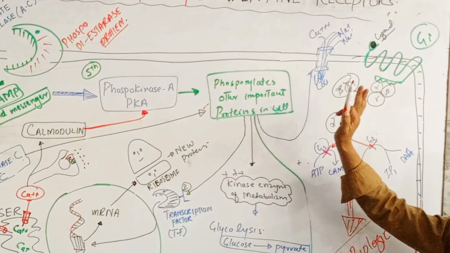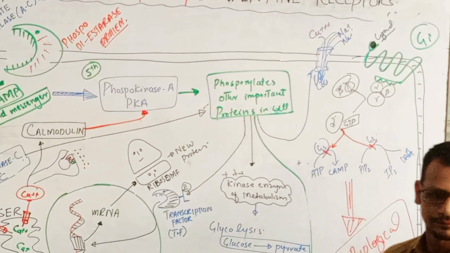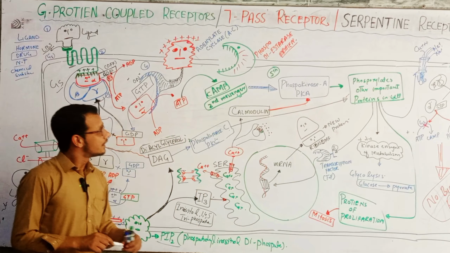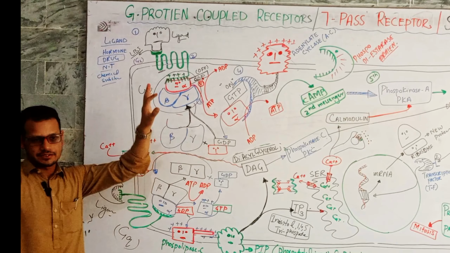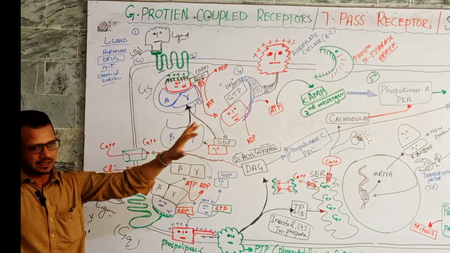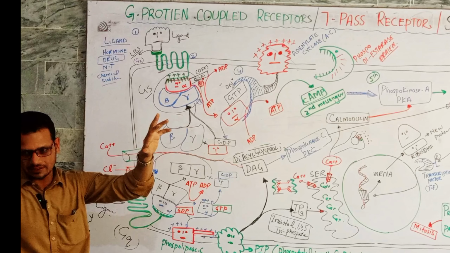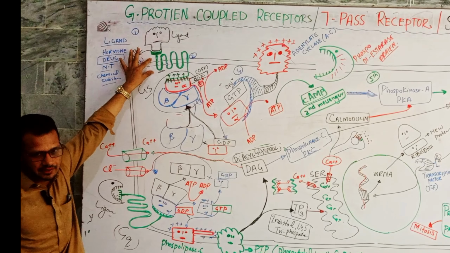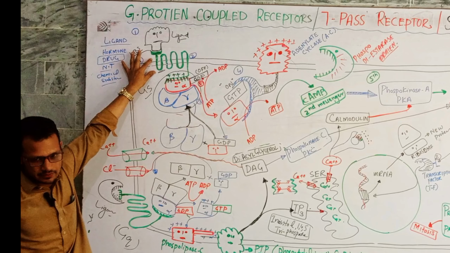Now what is an agonist and what is an antagonist? All the ligands, all the chemical substances, all the hormones or neurotransmitters which have the ability to activate this receptor are called agonists.